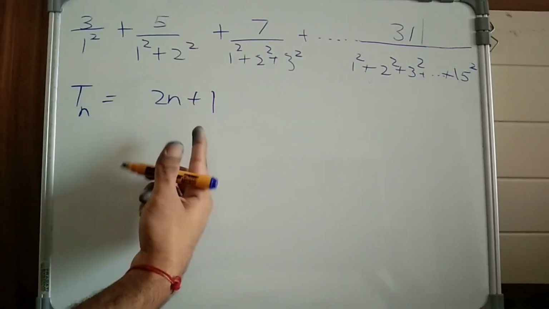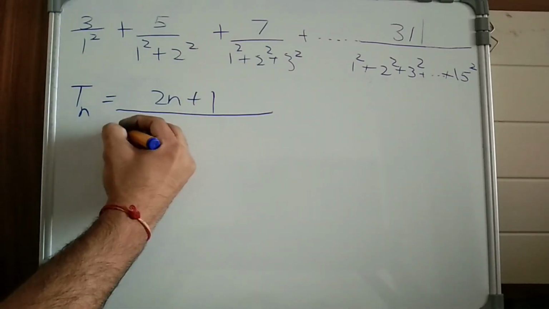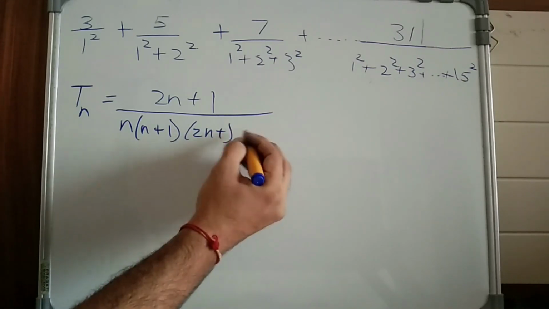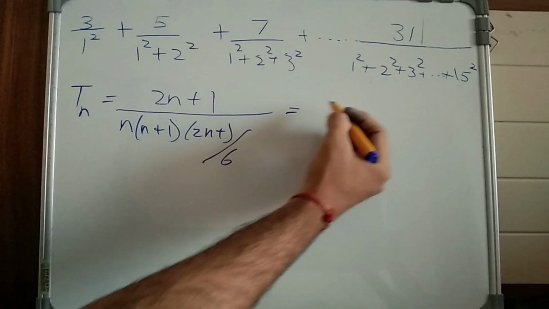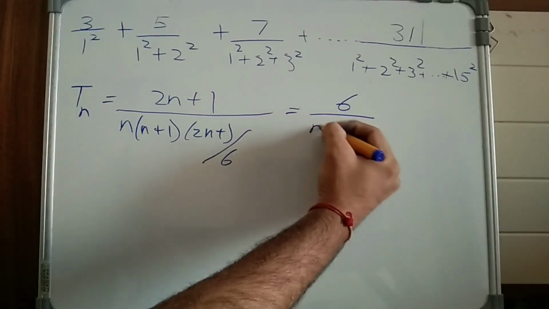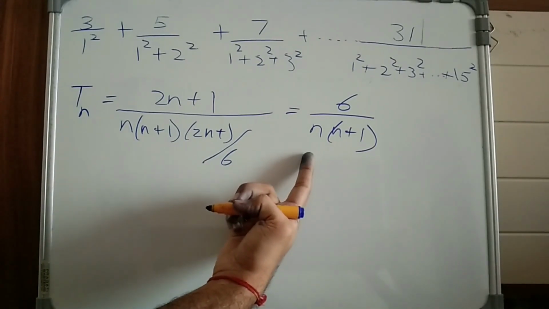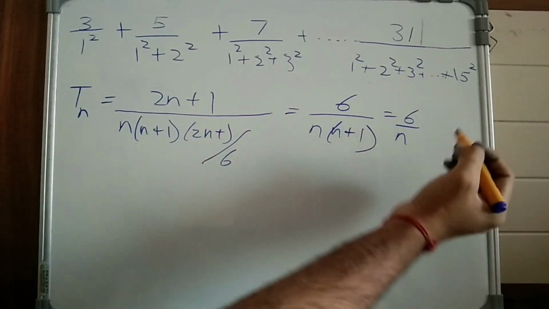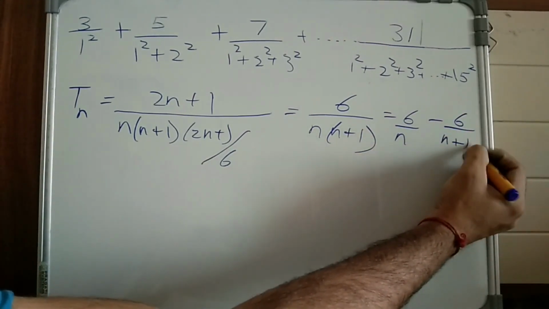So the numerator is odd and the denominator is the sum of squares, that is n into n plus 1 into 2n plus 1 by 6. The 2n plus 1 will get cancelled, so it is 6 divided by n into n plus 1. You can write it like this: 6 by n minus 6 by n plus 1.